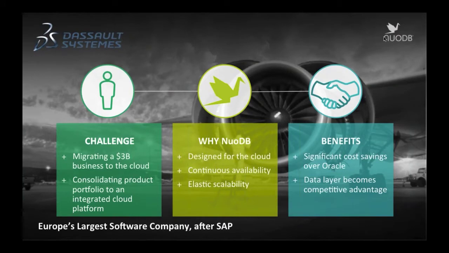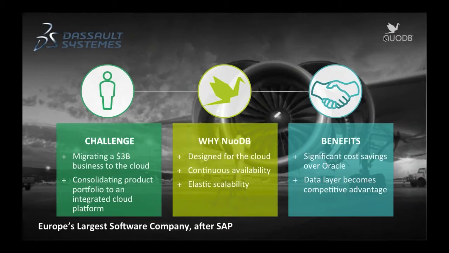As software vendors, Dassault Systems has migrated to the cloud and is offering their applications in a SaaS offering, software as a service. And so as part of the migration to that offering, they wanted to consolidate their product portfolio along with the database that can be used in the new cloud environment. And so they selected NuoDB because we were built natively for cloud environments.